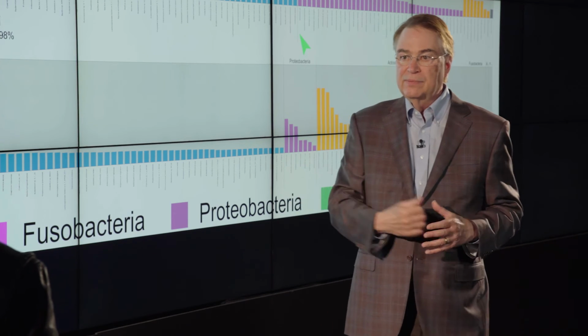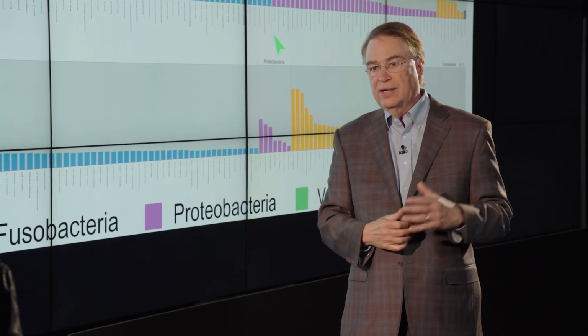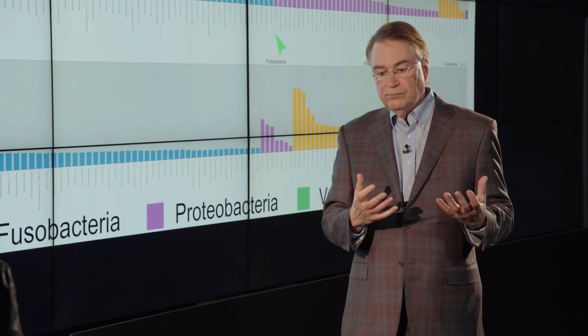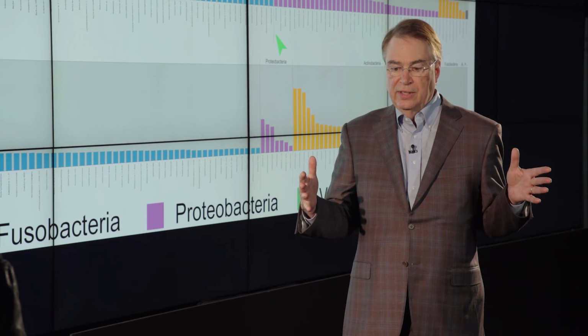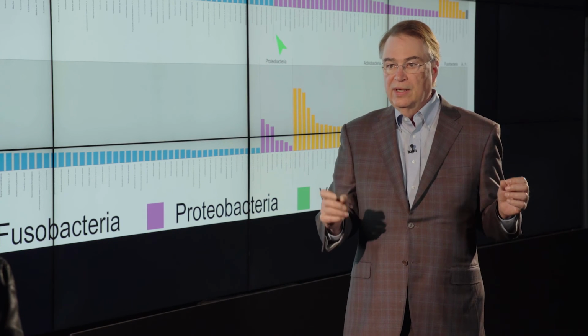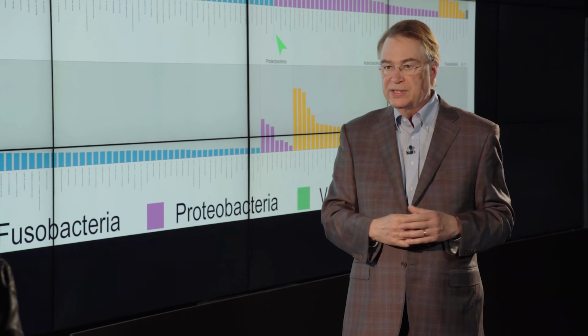So coming back to Bill Sandborn, who's the head of GI here at UC San Diego Health Sciences, he set up a biobank, and we now have several hundred samples from his patients that are very carefully described in the medical literature and phenotyped, basically.